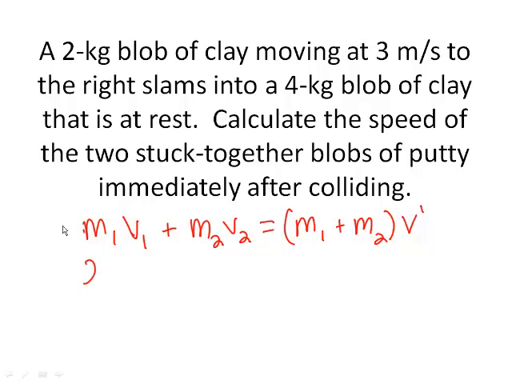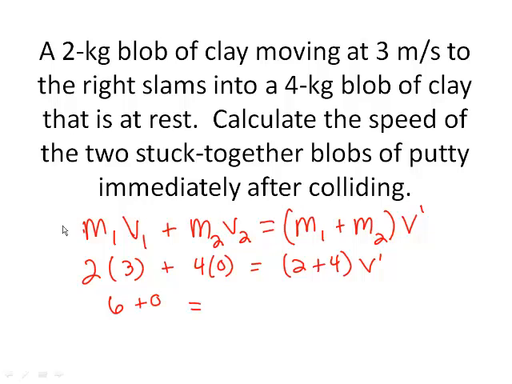So we'll call that velocity prime. So the 2 kilogram blob moving at 3 plus the 4 kilogram blob that wasn't moving at all is equal to the 2 kilogram blob plus the 4 kilogram blob going at some unknown speed.